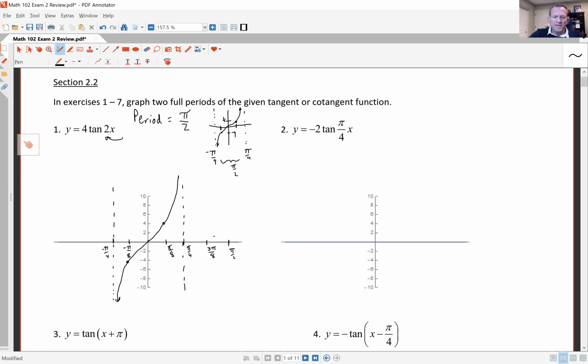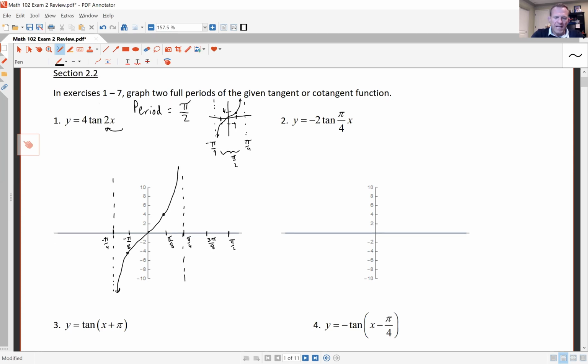So now we have to imagine that we're taking this full cycle and shifting it over to the right to gain another cycle. So this from pi over 4 to pi over 2 is just half of the cycle, so it's this piece that gets transferred over there. So remember the negative pi over 8 was at negative 4, so 3 pi over 8 is at negative 4.